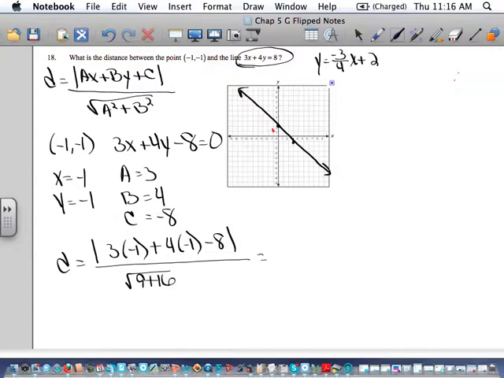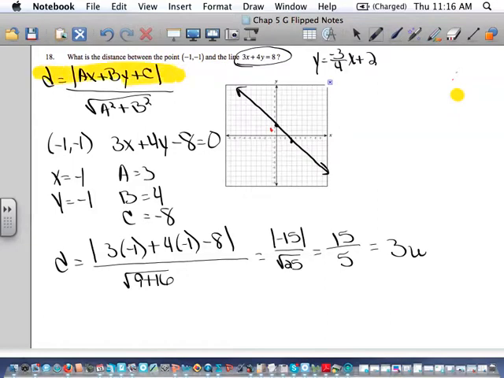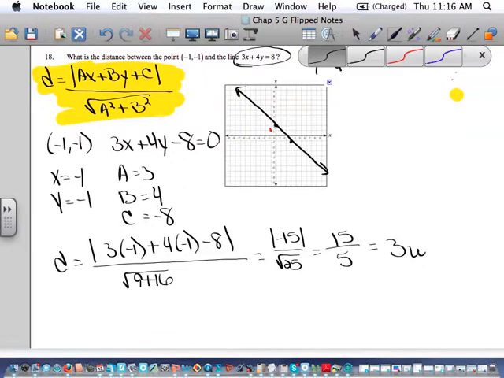So I'm going to get -3 plus -4 plus -8, the absolute value of -15 over the square root of 25. The absolute value of -15 is going to be 15. The square root of 25 is 5. Therefore, the distance is 3 units. And the formula is much easier to use than taking that long, involved process. So there's the formula. I won't be giving that to you. I expect you to know that formula. Okay?